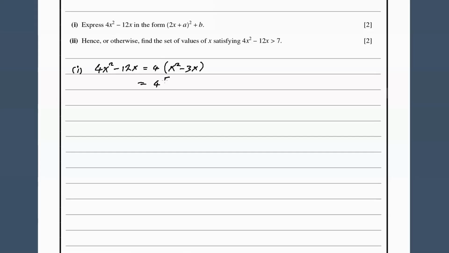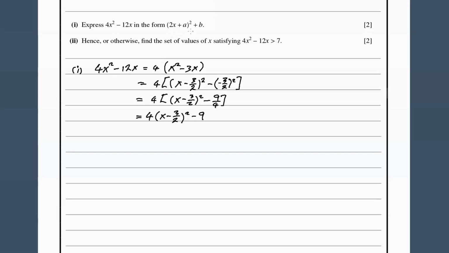Then 4, now completing the square, of x minus 3 over 2 squared minus 3 over 2 squared, like this. So that will be 4 of x minus 3 over 2 squared, and that's minus 9 over 4. And now multiplying 4 into the bracket, that will be 4 of x minus 3 over 2 squared minus 9.